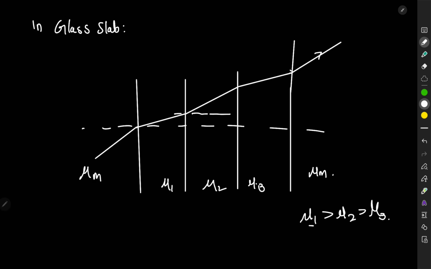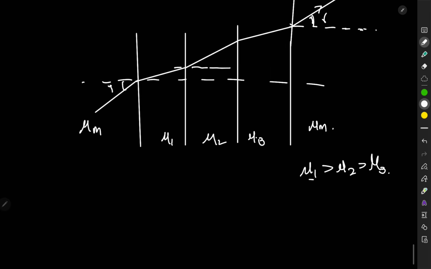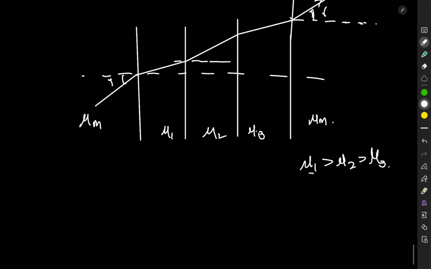If you observe closely, the angle of incidence will be equal to the angle of emergence at last. Only when the light ray goes and comes back to the same medium is the angle of incidence equal to the angle of emergence. If it is medium 2, it won't be equal to r.